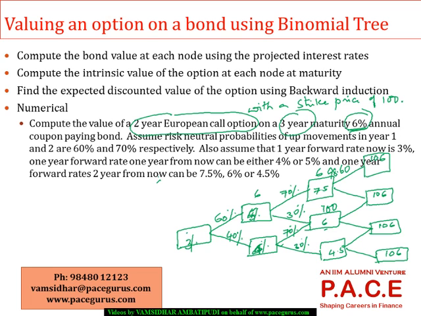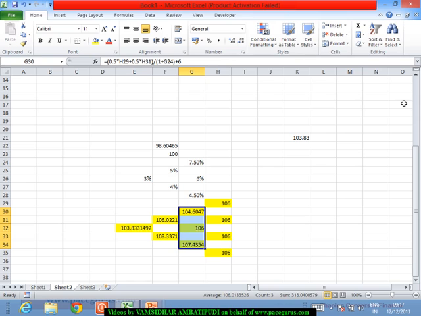So typically, because this is a call option, if the value of the bond is more than 100, that is where this option will be exercised. If it is less than 100, it will not be exercised, right? So from that standpoint, I can very well compute the payoffs.